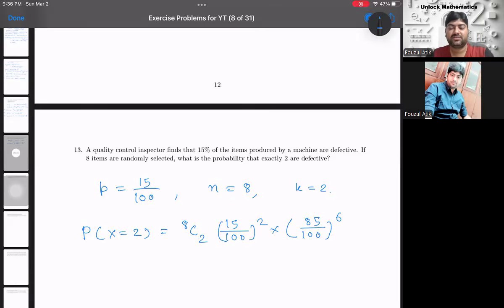This will be our required answer, and you simplify it to get the final value. Again, this one followed the binomial random variable and binomial distribution.